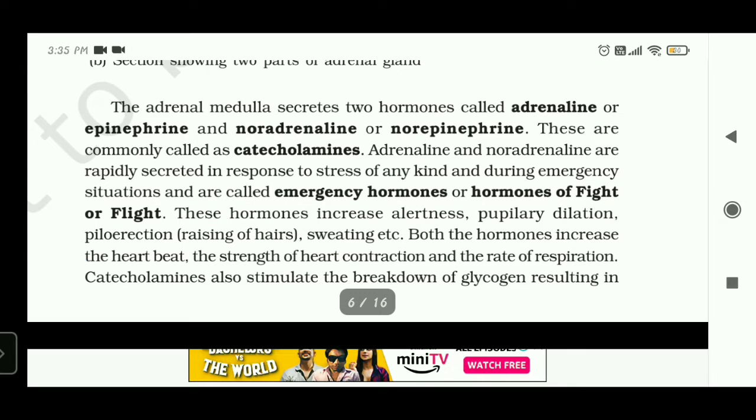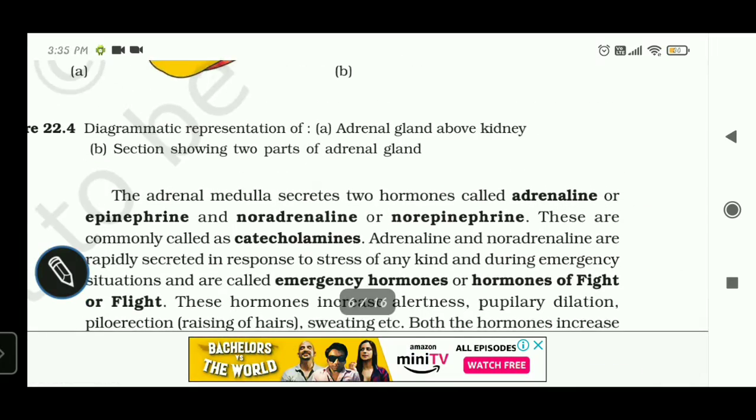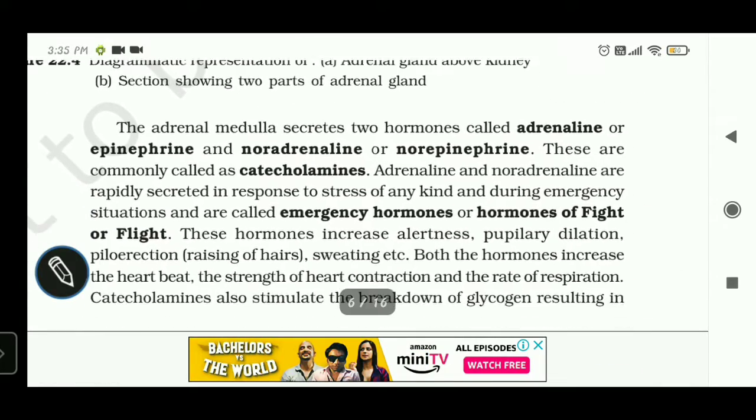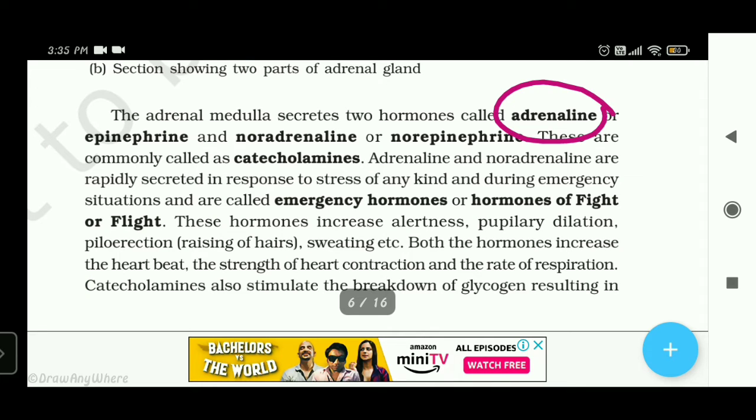Next, adrenal medulla. Our adrenal medulla secretes two hormones, adrenaline and noradrenaline.